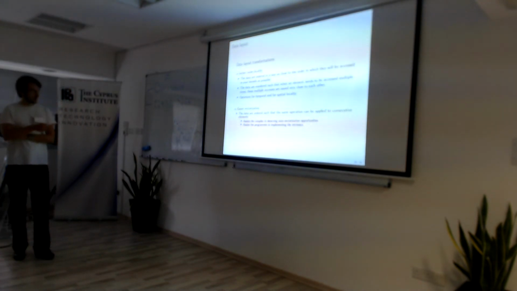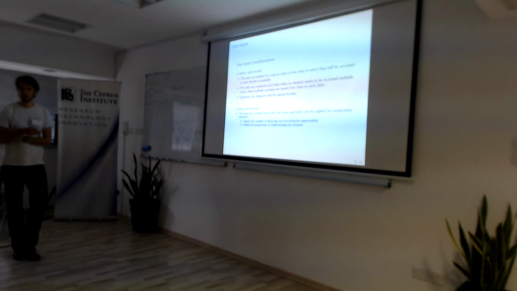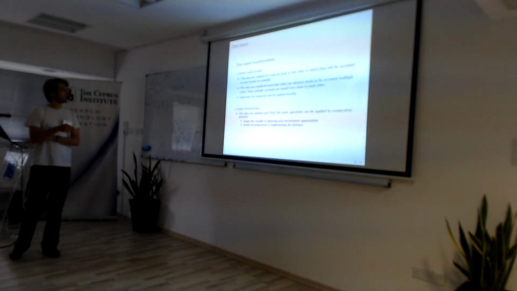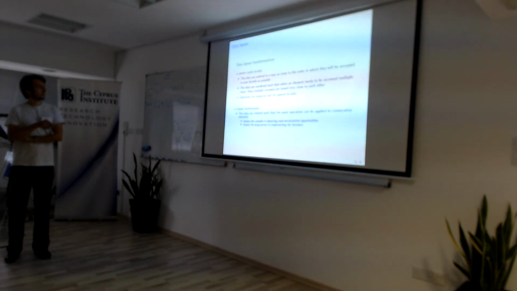So the idea is to have better cache locality of your data, of your memory. The data are ordered in a way that is as close as possible to the order in which they will be accessed in the kernel.